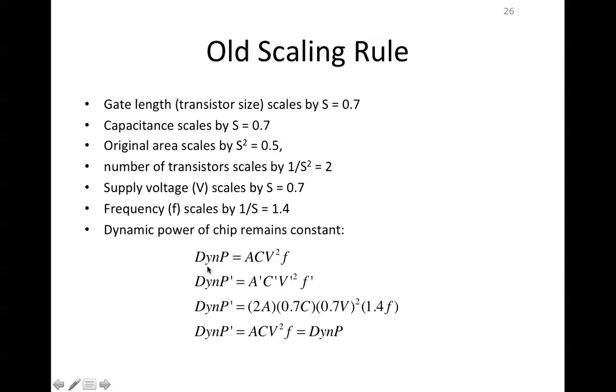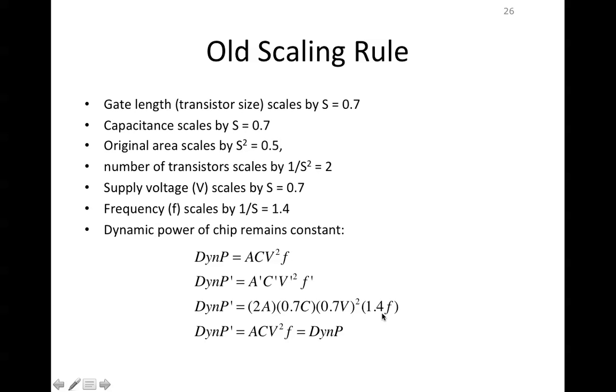Okay, so the original dynamic power consumption is ACV squared F. Now it is A prime times C prime times V prime squared times F prime. Now A has increased. A prime is 2 times A because we have twice as many transistors. C prime is 0.7 of C. V prime is 0.7 of V. And F prime is 1.4 of F.